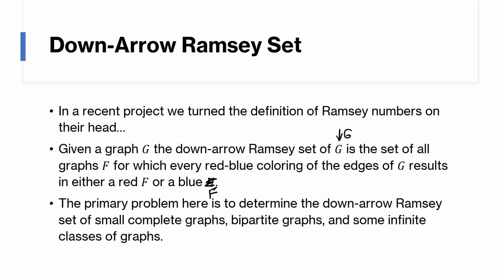We looked at this for a few different classes of graphs. And really, this is the principal goal right now in the topic, is to just determine this down arrow Ramsey set for complete graphs, bipartite graphs, and some infinite classes of graphs. So if you're really interested in the subject, please let me know, and I'll send you some papers that you can look at.